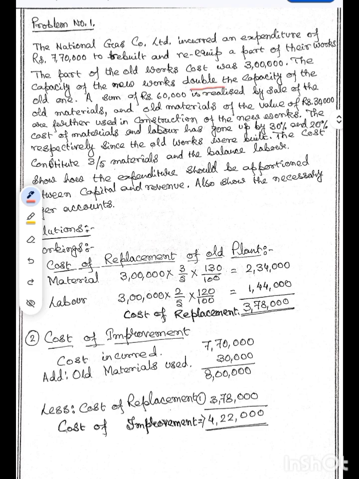Next, a sum of rupees 60,000 was realized by sale of old material, and old material of value 30,000 was further used in construction of the new works. The cost of material and labor has gone up by 30% and 20% respectively since the old works were built.